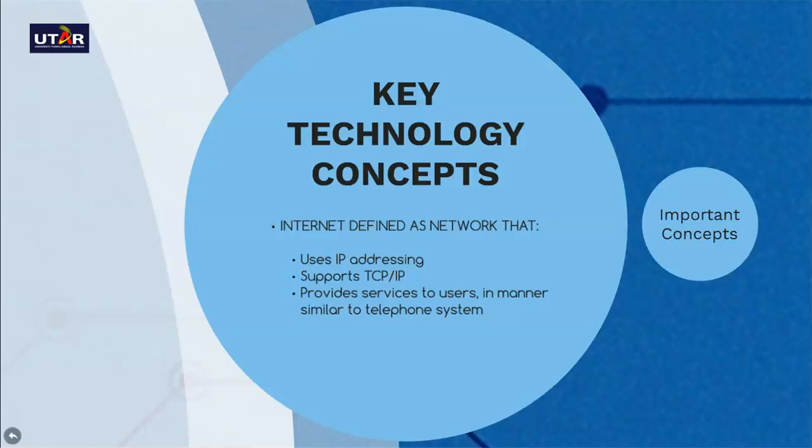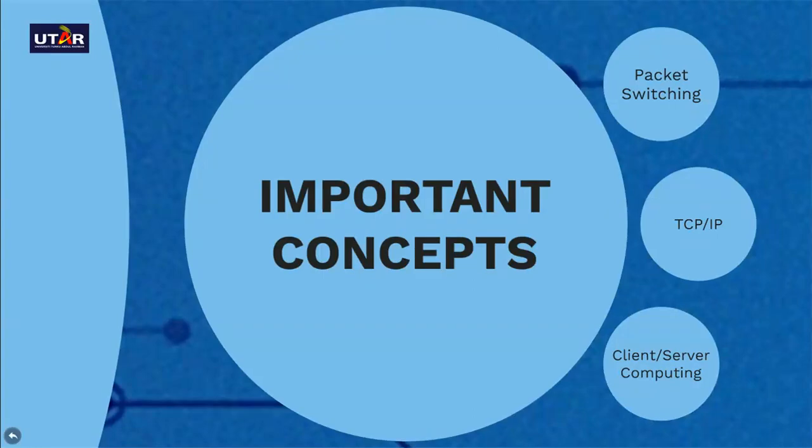It provides services to users in a manner similar to the telephone system. So in order to support the internet from a technology point of view, there are 3 important concepts. The first is packet switched networks, then TCP/IP communication protocol, and client-server computing to form the internet.